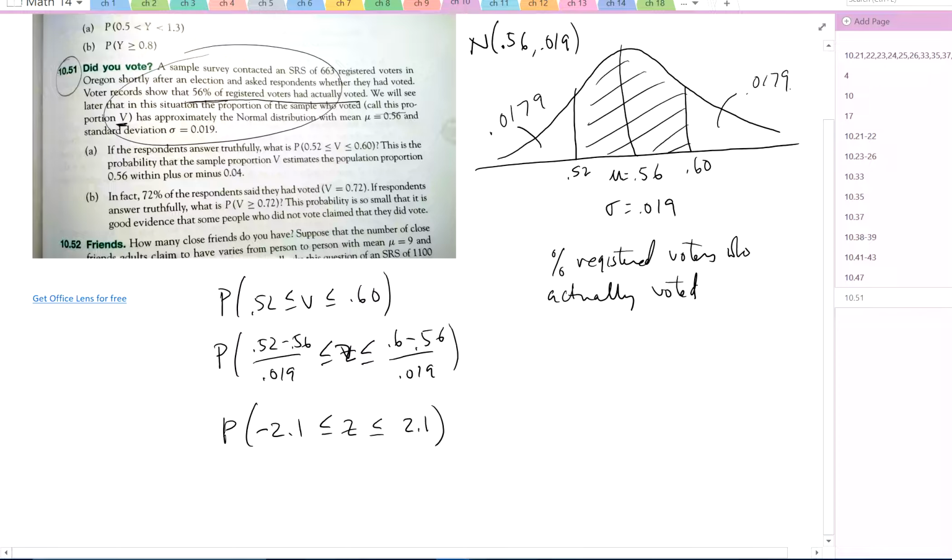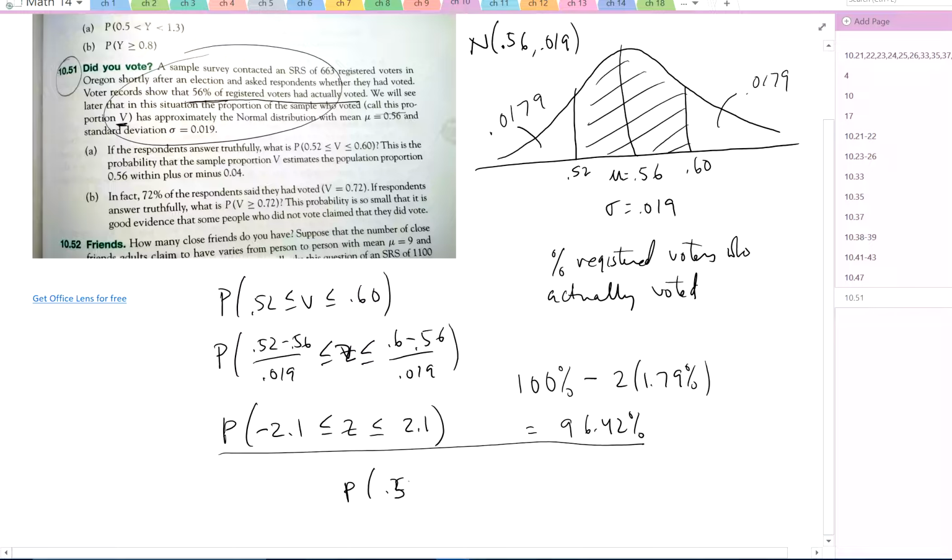And so the area in the middle is going to be 100% minus 2 times 1.79%, if I write it in percents. So that's 100 minus 2 times 1.79, 96.42%. So the probability that V is between 52 and 60 is 96.42%.